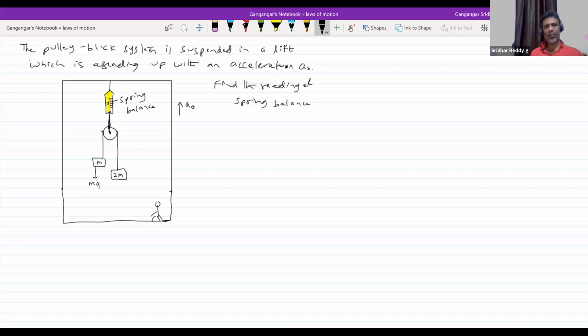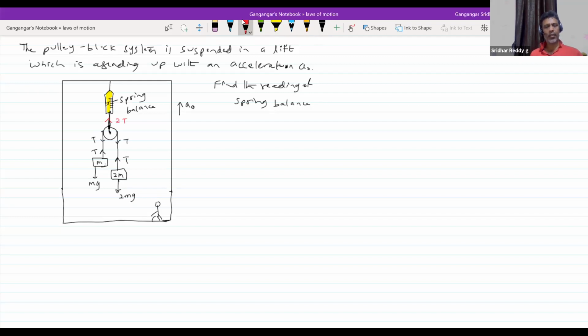So what are the forces? mg, 2mg, the tension T. The reading of the spring balance will be 2T, no?